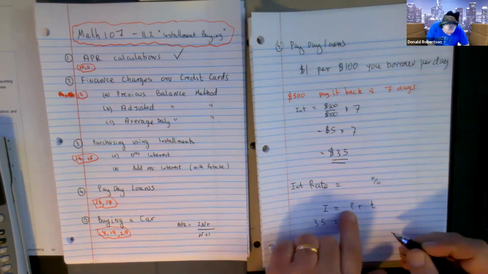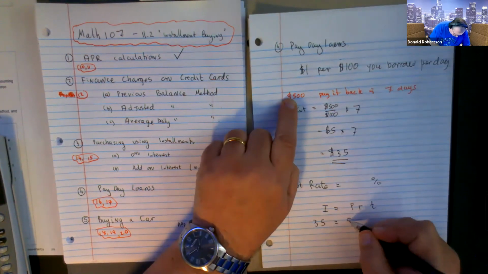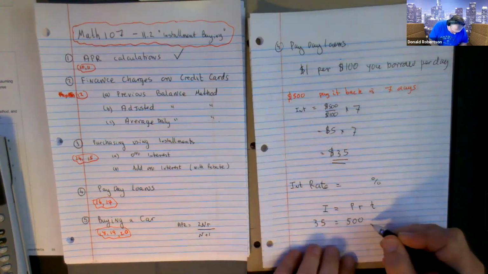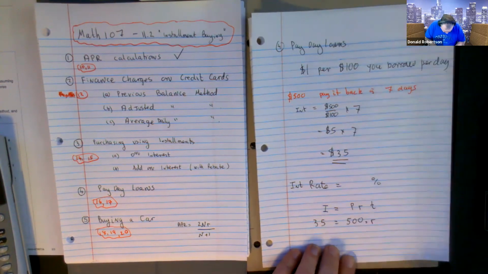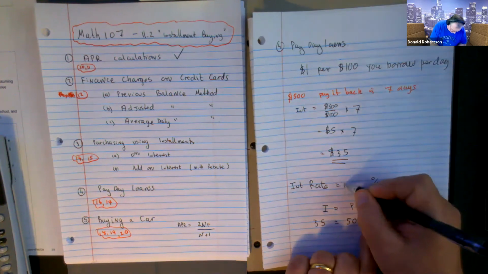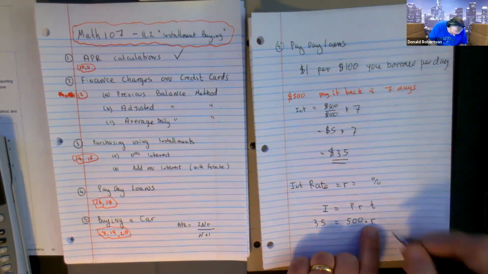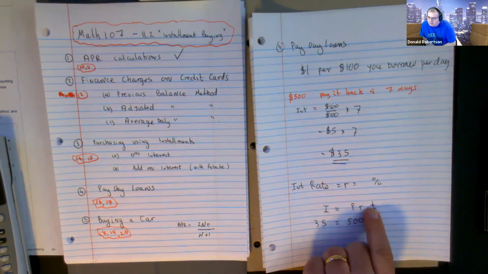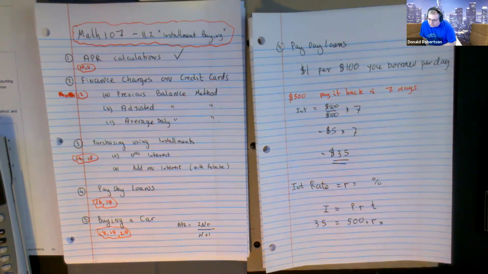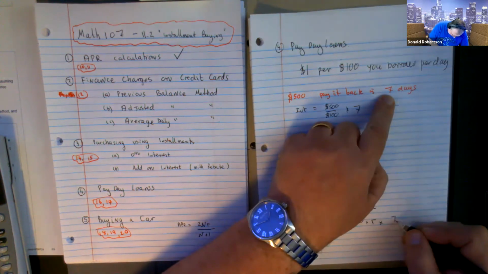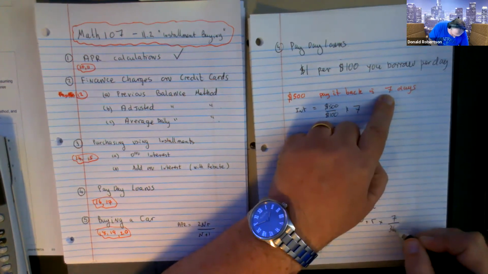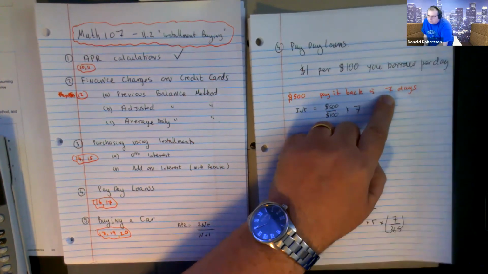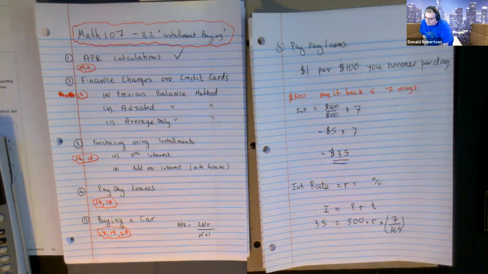P is the money that you borrowed, which was 500, times R, the thing we're really looking for, the interest rate, times time. Now, isn't T a year or parts of a year? So this is where it gets a little messy: 7 days out of 365 days. You with me so far?